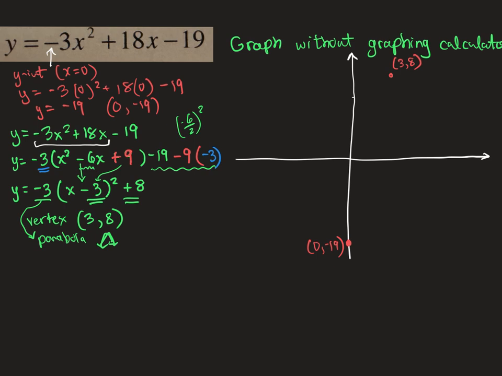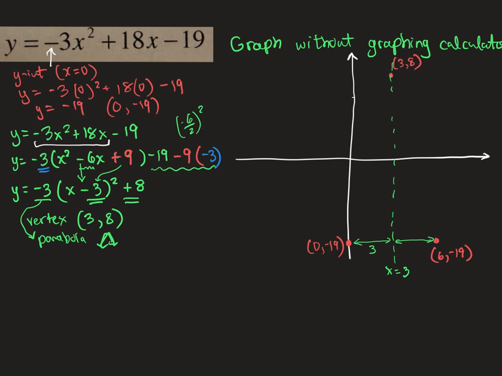We know we have this 0, negative 19, and using our symmetry, we know the axis of symmetry would run through the vertex, so at x equals 3, and this y-intercept we found would therefore be 3 away from the axis of symmetry. So if we go another 3 on the other side of the axis of symmetry, we'd have a point at 6, still negative 19, like that.